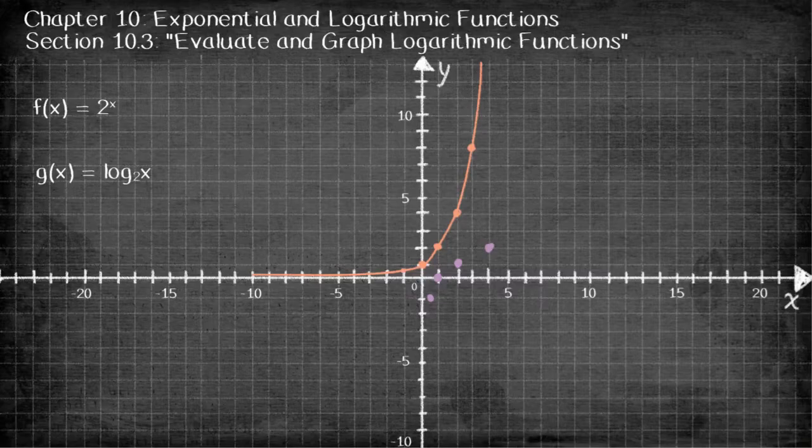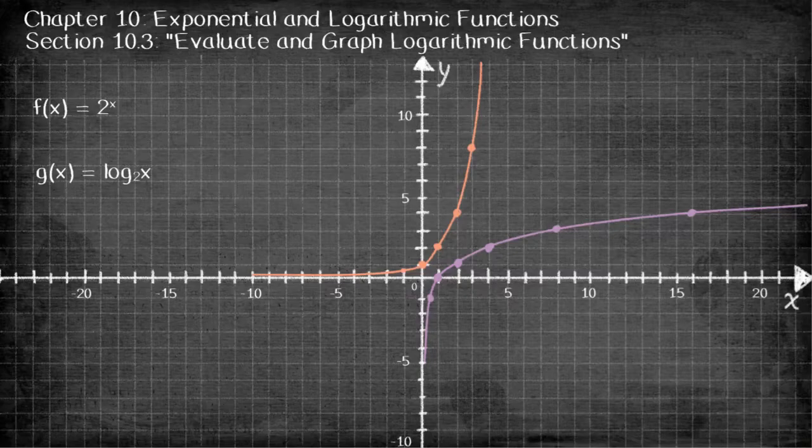Log base 2 of 8 is going to give me 3. Log base 2 of 16 would give me then 4. And so there's the graph of our log base 2 of x.